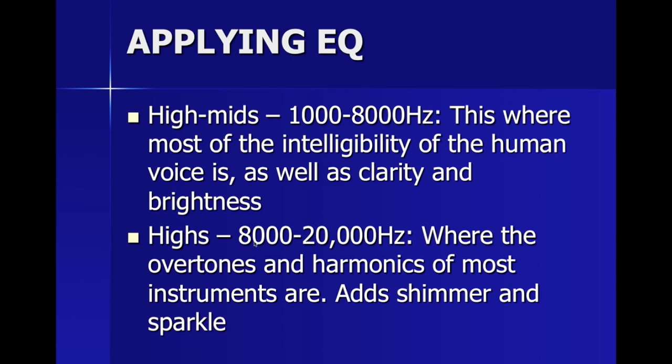Above that, we've got our high frequency range. This goes from about 8,000 up to 20,000, which is the top end of human hearing if you have perfect hearing. As you get older, this number goes down, and coincidentally, women tend to hear better in this frequency range, the high mids and the highs, than men do.